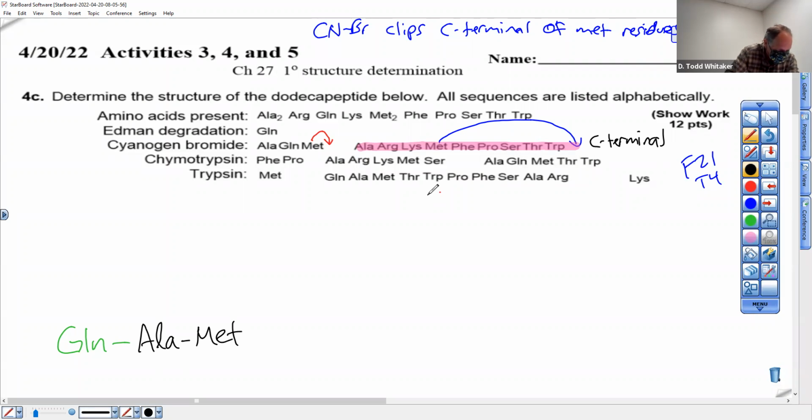Because there should be one of the phenylalanines. Am I just not seeing it? I don't see it here. No tryptophan in there, and no tyrosine. Oh no, there's no Gln here. Sorry. This is the C-terminal. I'm going to make a bad thing into a good thing.